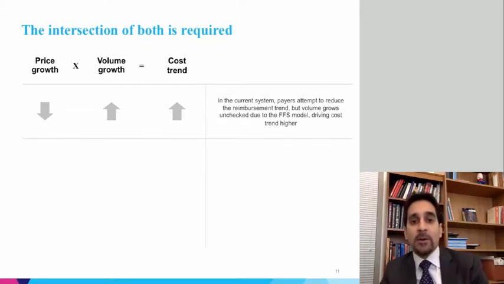Meaning that in those markets where there were twice as many urologists, there were actually twice as many procedures occurring relative to the population.